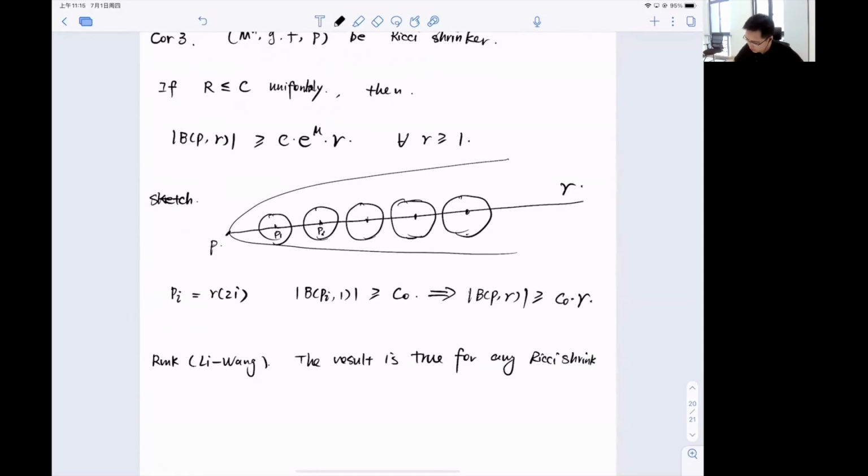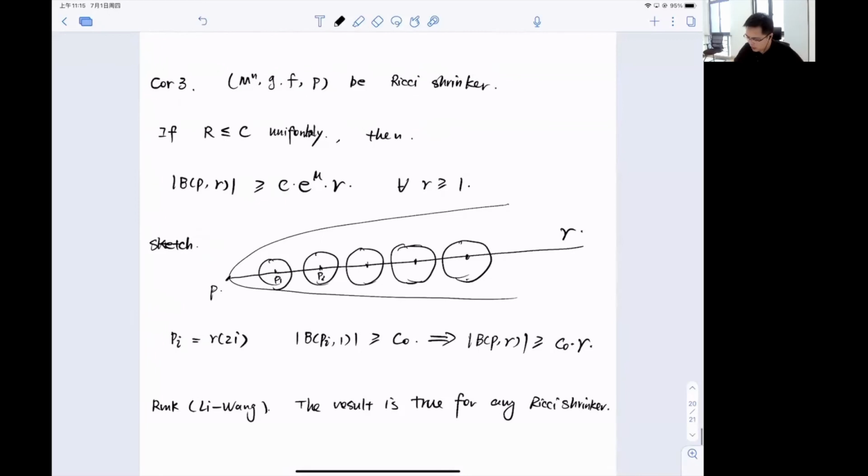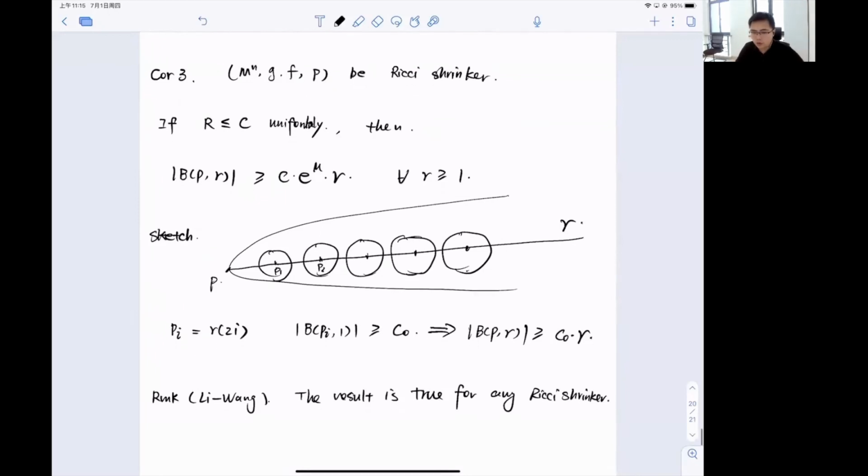That means we do not need to impose the assumption that the scalar curvature is uniformly bounded. Actually, we use more complicated techniques to achieve this, but I will not go into details for this.